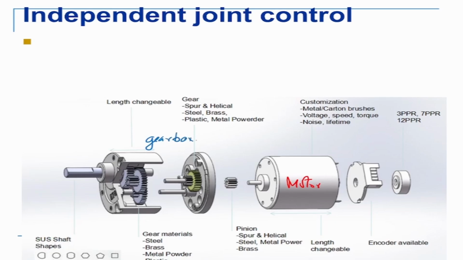The gearbox is used to increase the torque and to reduce the speed. At the back side there's a position sensor, in this case an encoder. So we have an actuator, a motor, a gearbox and a position sensor. All these three things combined make up an independent joint control system.